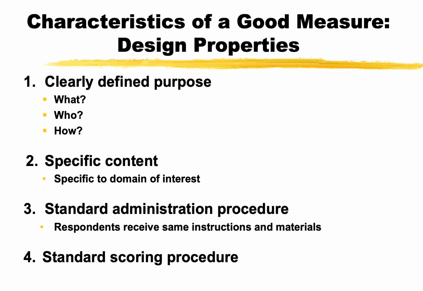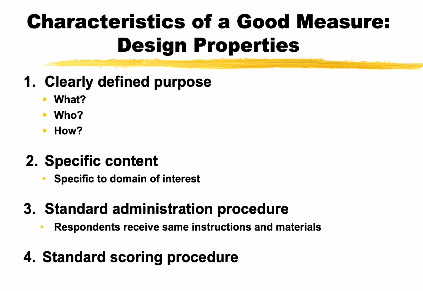The third property has to do with making sure there is a standard administration procedure or procedures. It is critical that all test takers receive the same instructions and materials, and that roughly the same amount of time is allowed to complete the test. The fourth property pertains to having a standard scoring procedure.